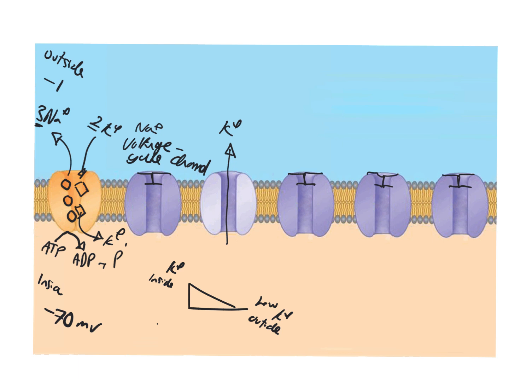So we need to recognise that your sodium is being actively moved out, but the sodium is not able to flow back in because this channel is shut. However, the potassium, which is moved inside, is able to move back out, and potassium holds a positive charge.